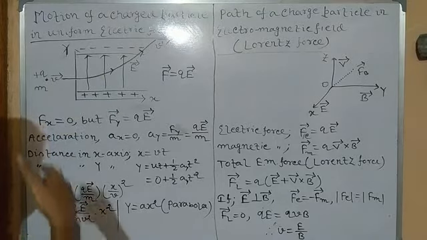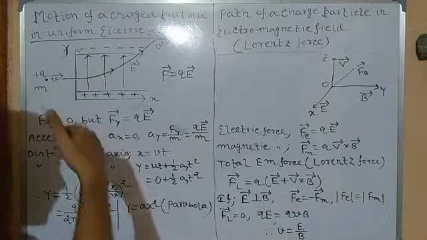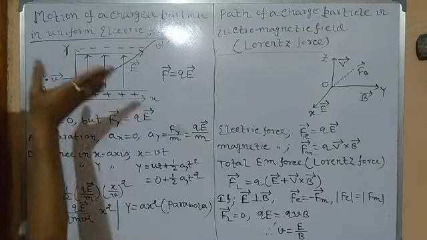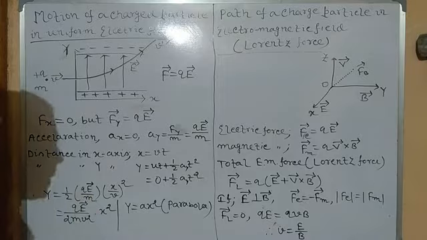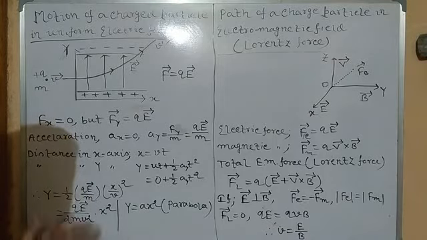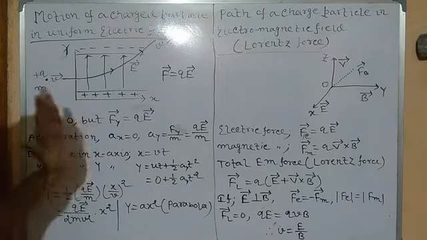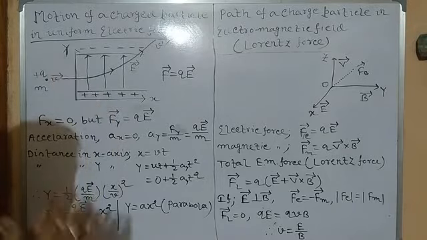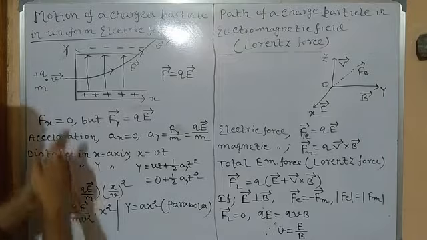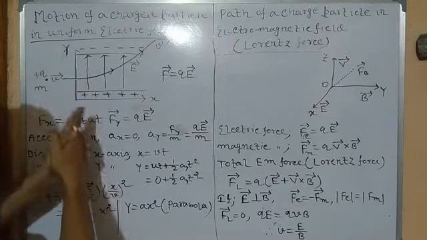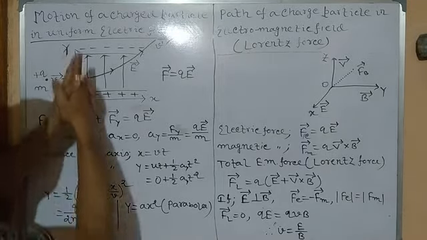So obviously an electric field has been created, and since the lower plate is positively charged and the upper plate is negatively charged, it is very clear that the electric field will act from the lower plate to the upper plate. It means the direction of the electric field is from positive plate to negative plate, that is from x axis to y axis.